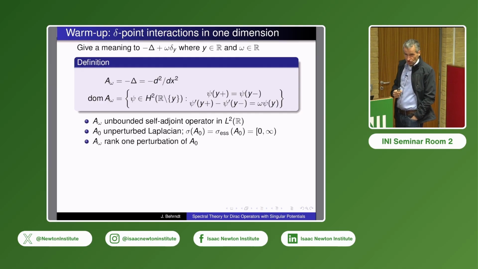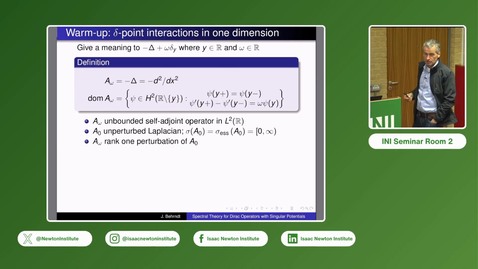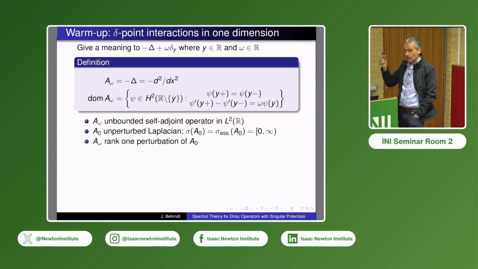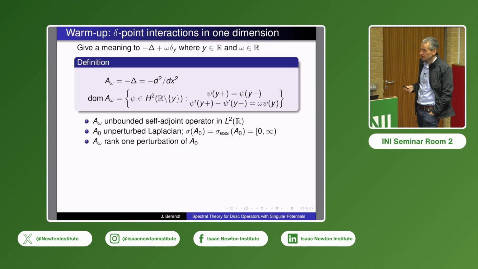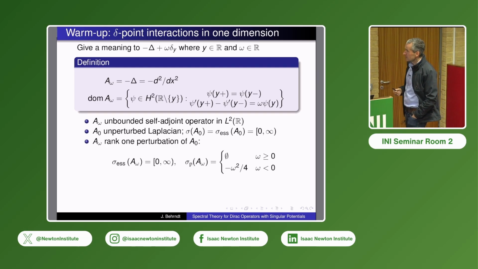If omega is non-zero, you make a little change, basically, in the domain of the free Laplacian. And this little change is just a rank 1 perturbation. Rank 1 because you put one condition in the domain. Rank 1 in terms of the difference of resolvents, I should say. But it's a small perturbation, at least in terms of dimension. Not much can happen. And in fact, not much is happening.